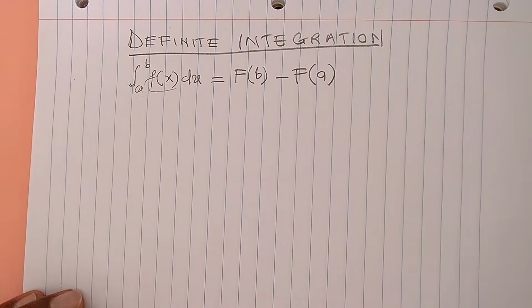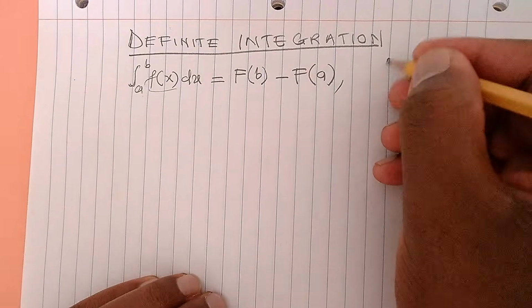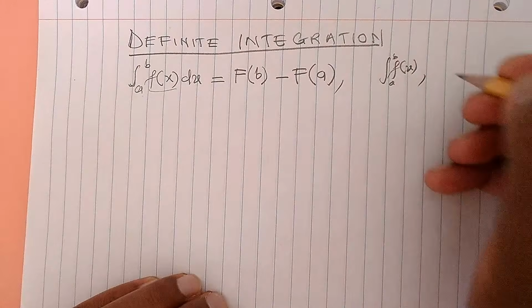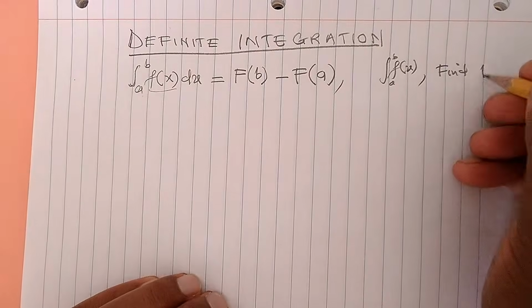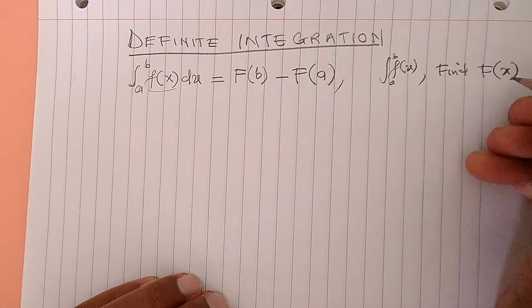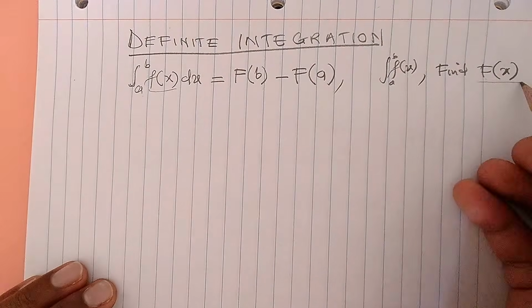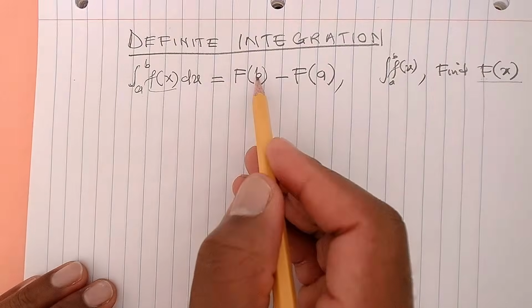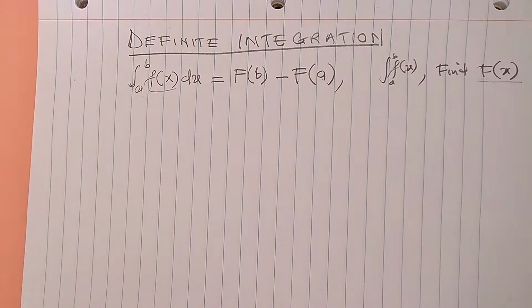So in a nutshell, given the integral of f of x from a to b, the key is to find the antiderivative F of x. Then when you find it, you just subtract capital F at b minus capital F at a. Then you are done.